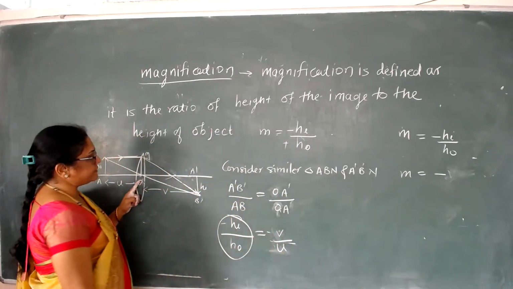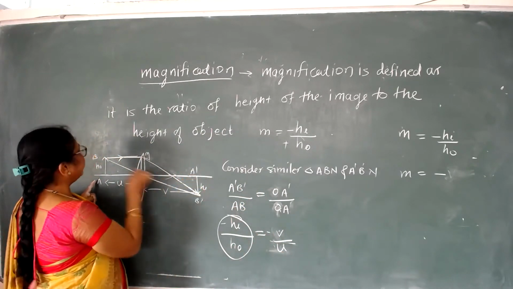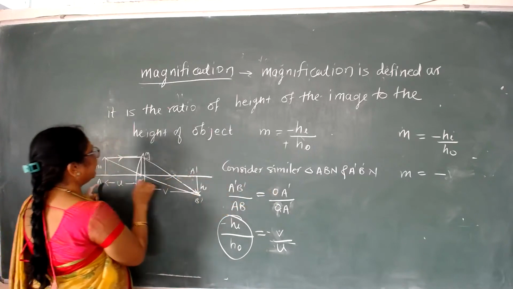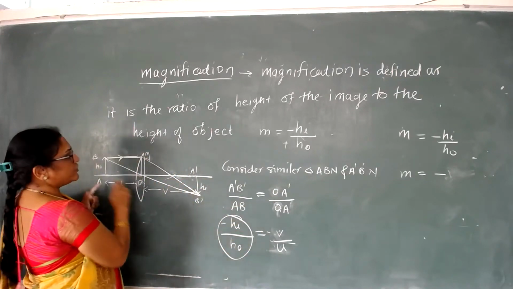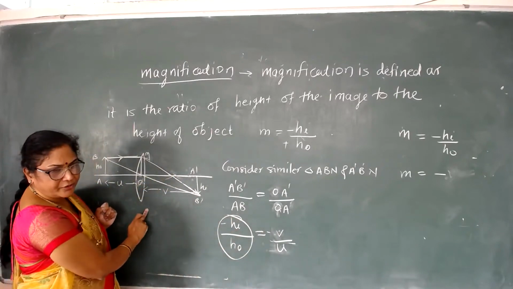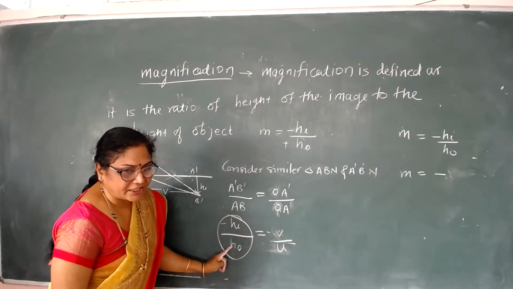Considering the similar sides, OA dash, A dash B dash divided by AB is equal to OA dash divided by OA. OA dash is V and OA is U, where U is in the opposite direction, so we take minus. So minus V by U is known as magnification.